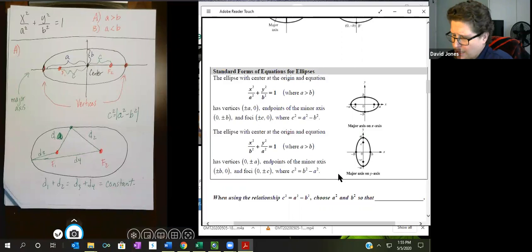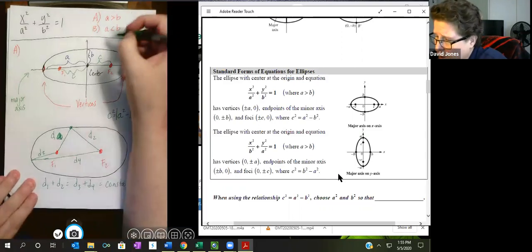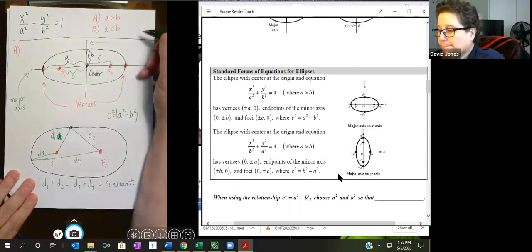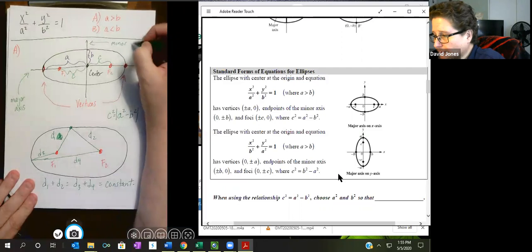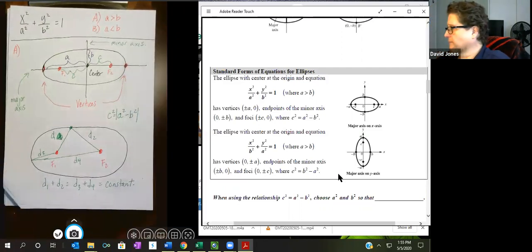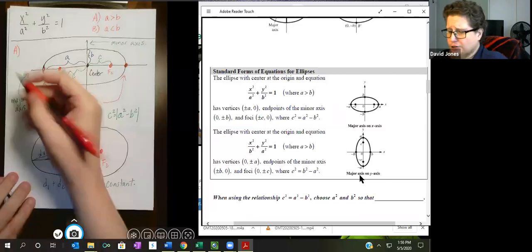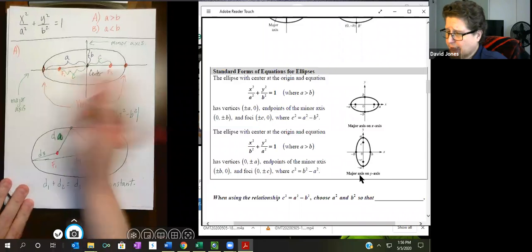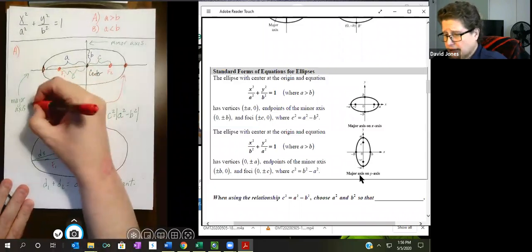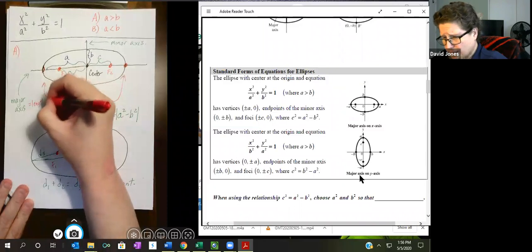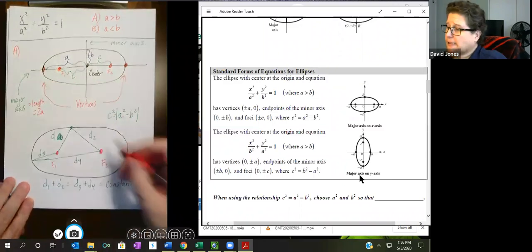So that was called the major axis. I didn't point out the other one. This other one, guess what that axis is called? If the long one's the major, the short one's the minor. You'll notice the major axis has a length of twice the letter. Length equals 2a here.